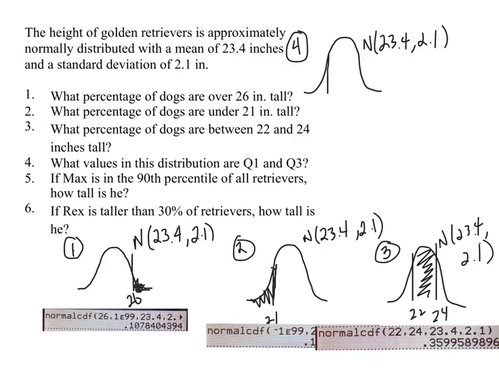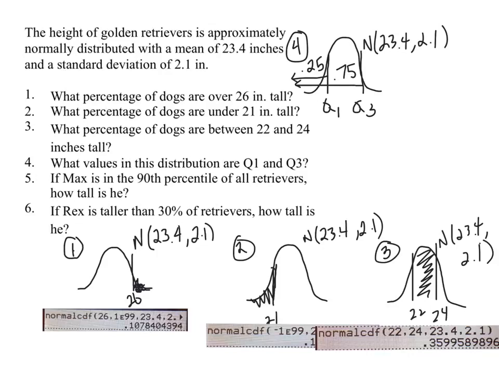These are the two numbers that make up the interquartile range. Remember, the interquartile range is the middle 50%. So we've got 25%, or 0.25, below Q1, and here we've got 0.75 below Q3.